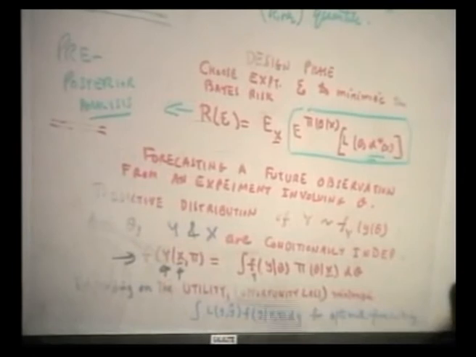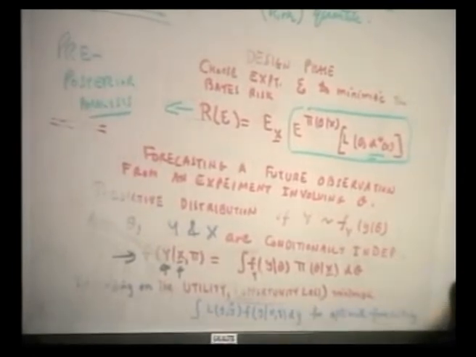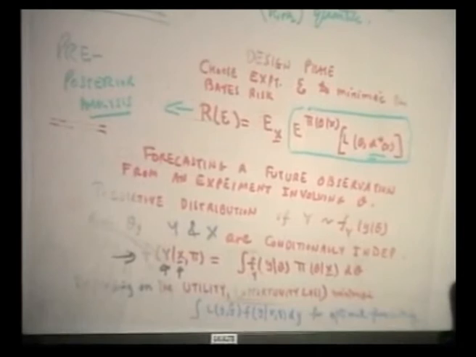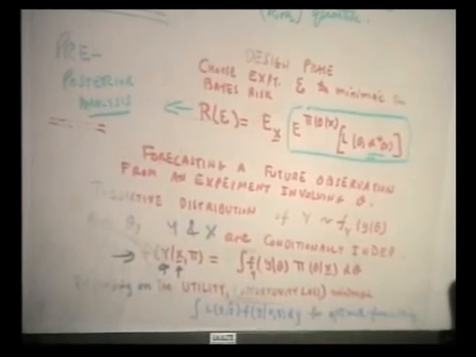It could be a different model, as long as that model involves theta, because theta links the two sets of observations. You get the distribution of Y and the distribution of X, link them, integrate theta out, get your predictive distribution, use that, and then go through the traditional machinery.